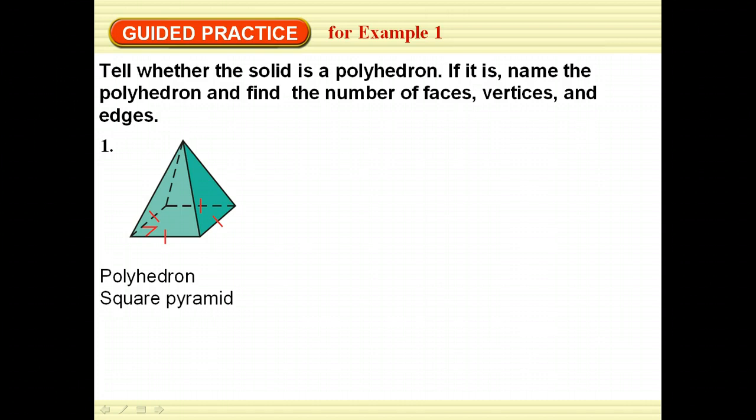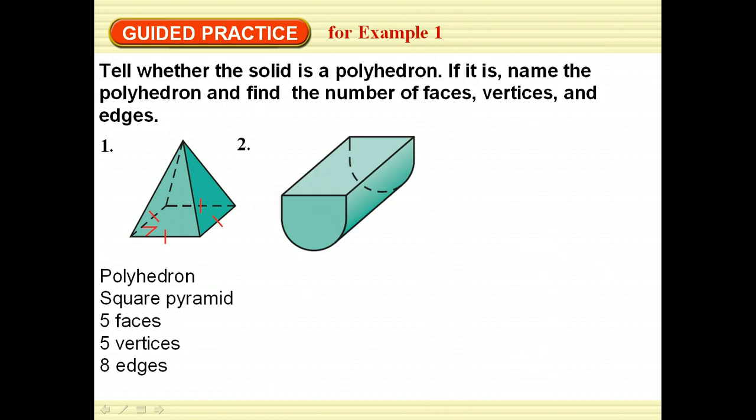I've got the 4 triangles on the side and the base of the square at the bottom, so there are 5 faces. For the vertices, I've got the 4 corners at the bottom and the 1 at the top, so there are 5 vertices. And then my edges, I've got the 4 edges around the base, and then I've got 4 more edges of the triangles, so there's 8 edges altogether.